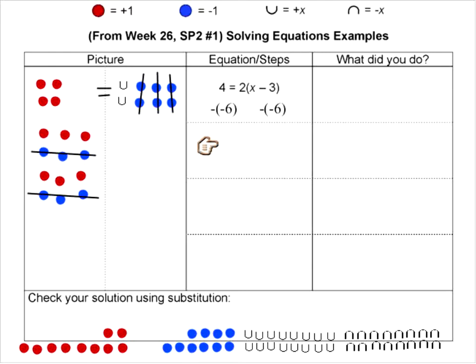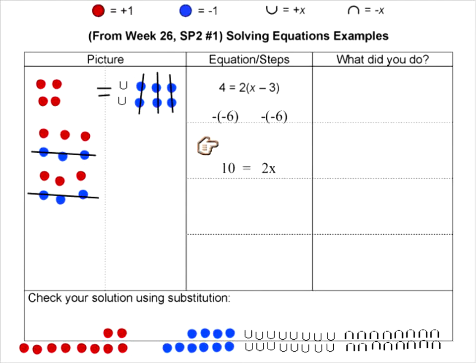Okay, we are showing, that's good, thank you for pointing that out, because we want our picture to match our equation. So thank you for doing that. So we are showing that we are subtracting -6 from both sides. And what I should have done is retyped the distributed equation so we can see it better.